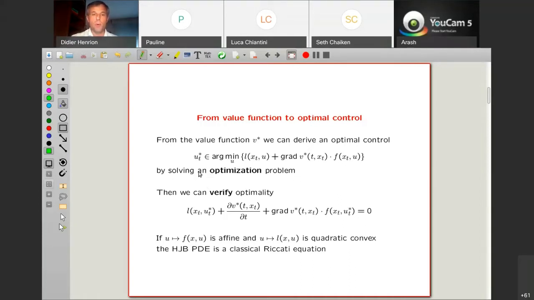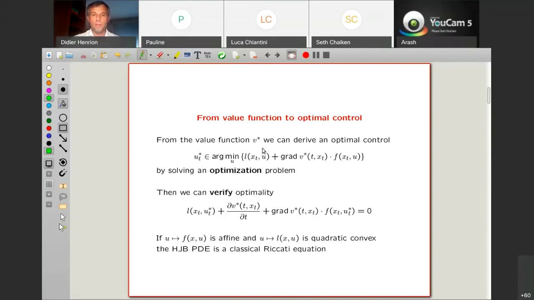And I said just by solving, this is not a trivial task. This is a time-varying optimization problem. But basically, from the derivative with respect to x of the value function V star, we can derive an optimal control law for each given trajectory. So at each given time, we measure the state, we assume V star is given, then we can deduce the value of the optimal control policy.